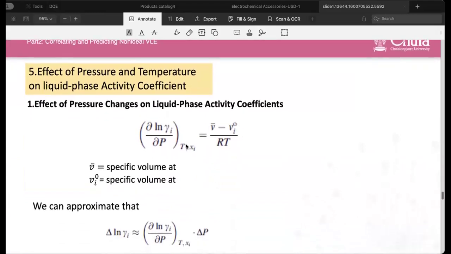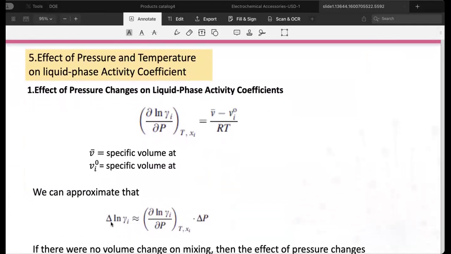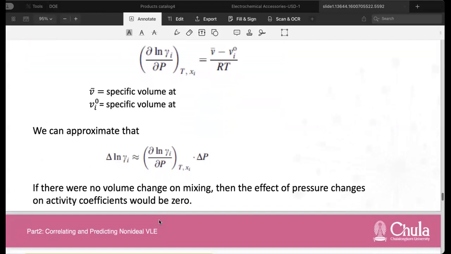So the delta of log gamma we can approximate by this term, when we approximate this one as constant, and then you multiply it with delta P. But if this value becomes zero, of course delta log gamma becomes zero.